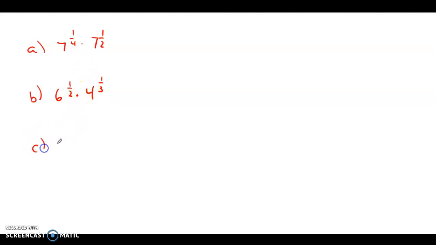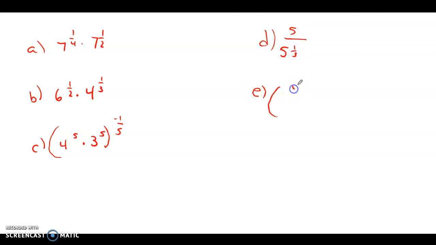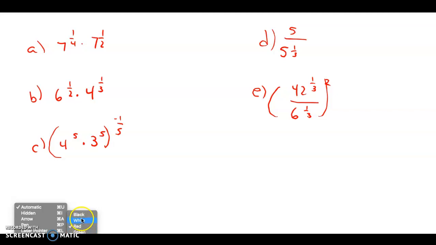You could practice 4 to the 5th times 3 to the 5th, all raised to the negative 1/5. And then we can also practice D, which is 5 over 5 to the 1/3 power, and E, 42 to the 1/3 power over 6 to the 1/3, squared. So again, feel free to pause it and do the work. I'm going to do the work right now.